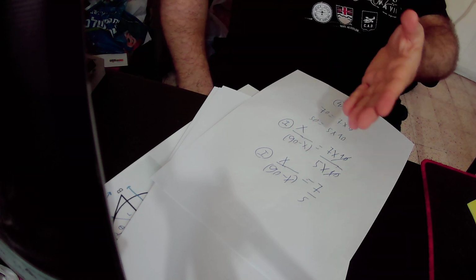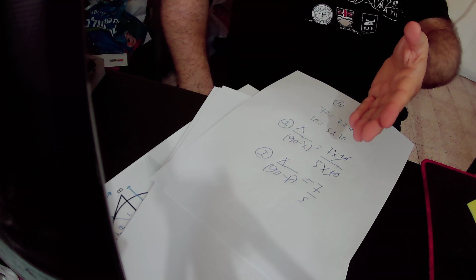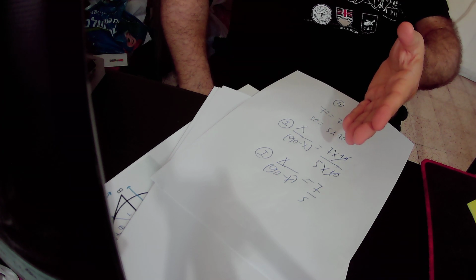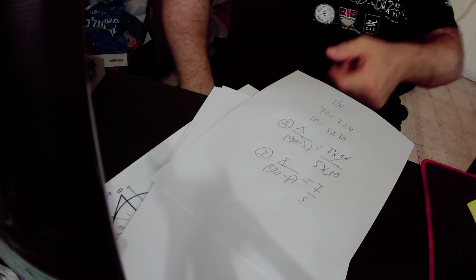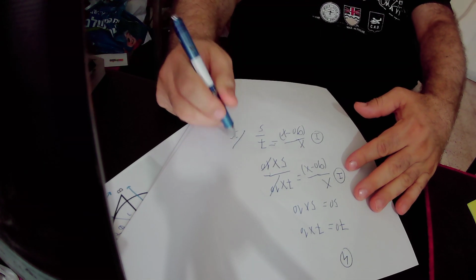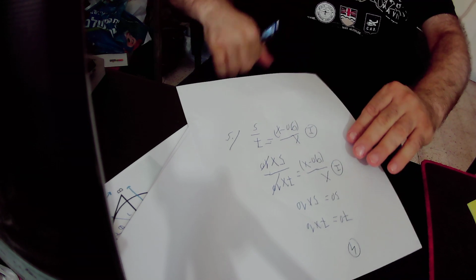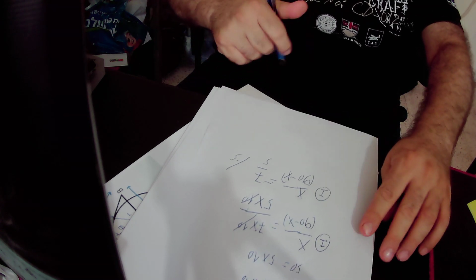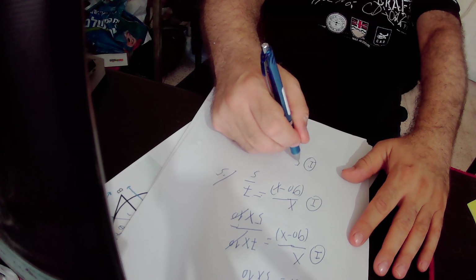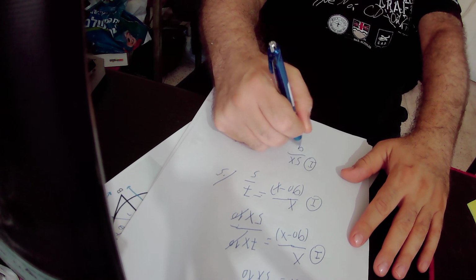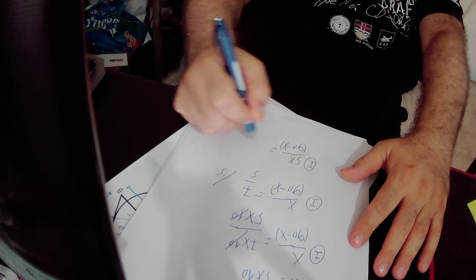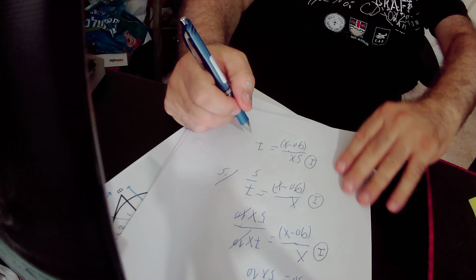Now we can multiply by 5 both sides of the equation. So we will get that 5X over 90 minus X equals 7.